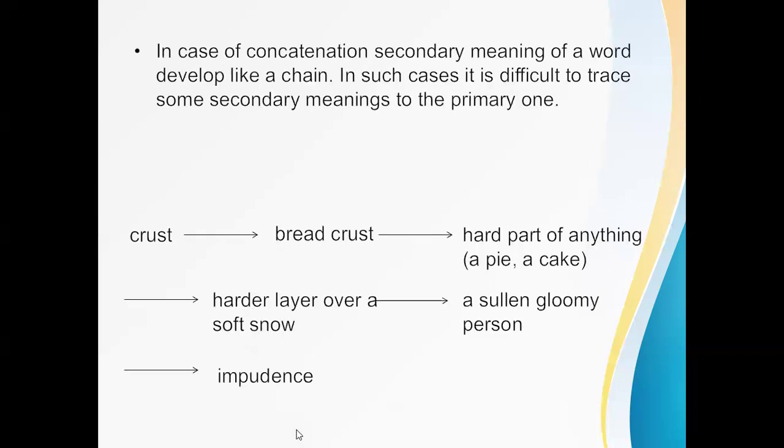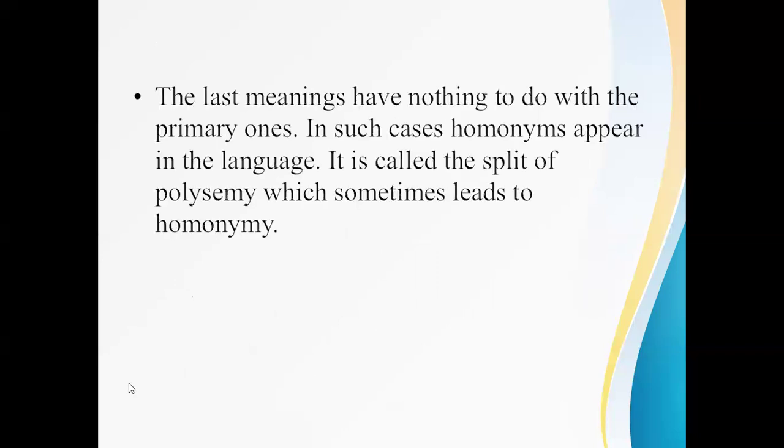In case of concatenation, secondary meanings of a word develop like a chain. In such cases, it's difficult to trace some secondary meanings to the primary one. The last meanings have nothing to do with the primary ones. In such cases, homonyms appear in the language.